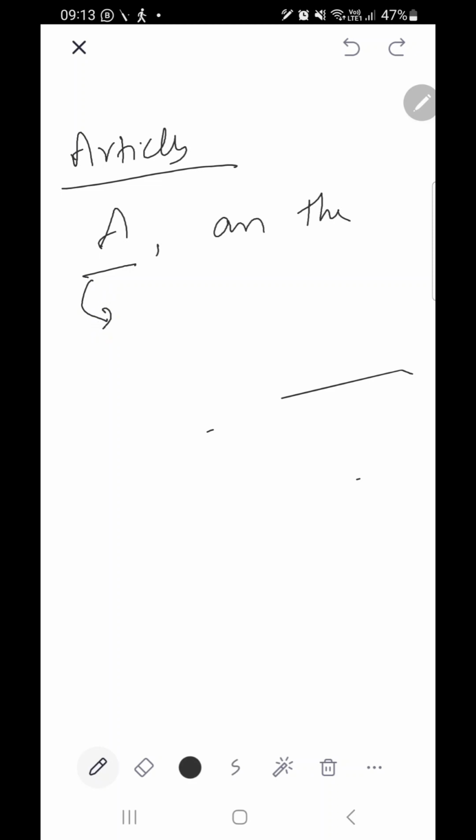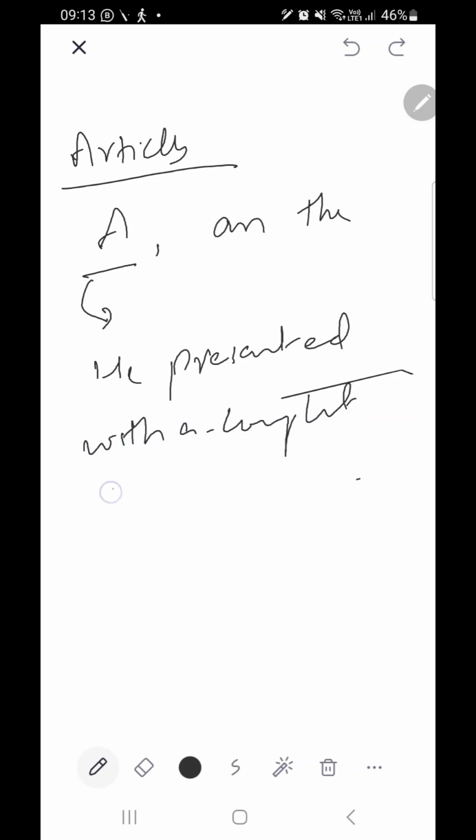Have to use the articles. We use a, an, and the. With a singular countable noun, we can use a or an. Let's say "He presented with a complaint of abdominal pain," right?